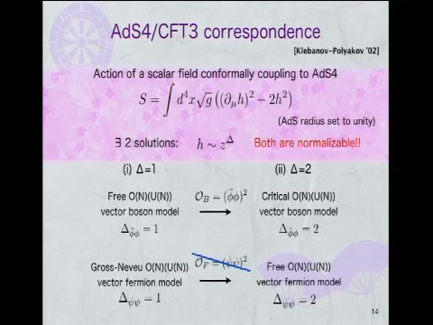Under the RG flow, this double trace operator becomes relevant, and this single trace operator has dimension 2. And this is the bosonic case, but in the fermionic case, the other corresponding CFT is the UV fixed point of the Gross-Neveu vector fermion model. In this case, this single trace operator has dimension 1, and after RG flow, this double trace operator is irrelevant in the IR and flows to the free theory, where the single trace operator has dimension one half.